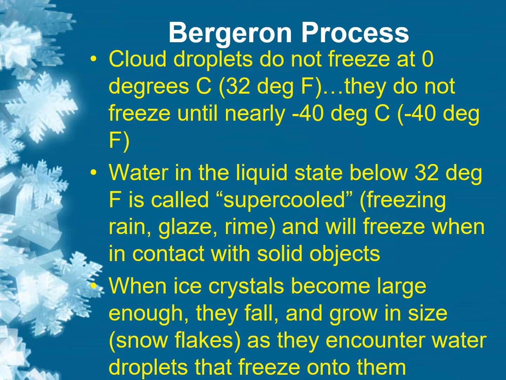So when the ice crystals become large enough, then they will fall, after they've grown in size enough, as they keep encountering these water droplets that freeze onto them. Eventually these frozen particles, snow basically, will fall from the cloud. But in the warmer months in the mid-latitudes, this will melt on its way down, and it will simply hit us as rain.